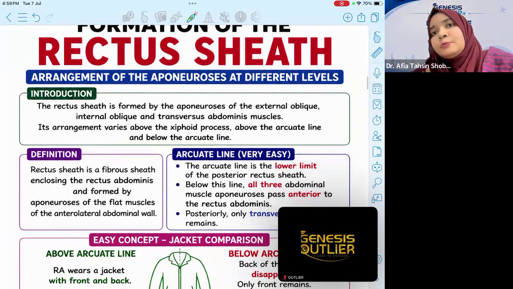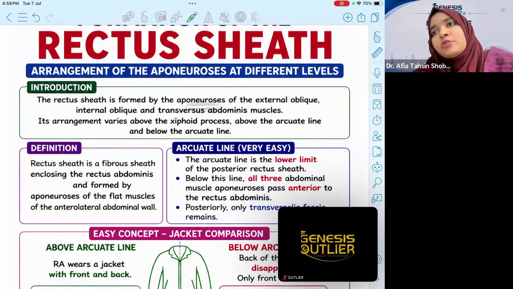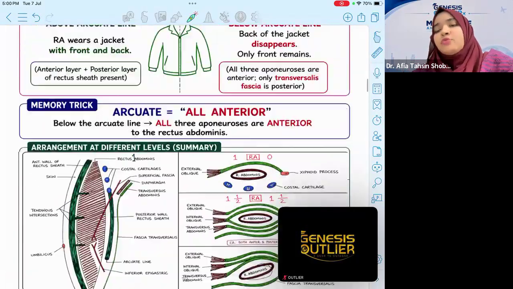So the rectus sheath is formed by the aponeurosis of external oblique, internal oblique, and transverse abdominis muscle. Its arrangement is not the same throughout. It varies above the xiphoid process, above the arcuate line, and below the arcuate line. What is the arcuate line? First of all, we have to know.